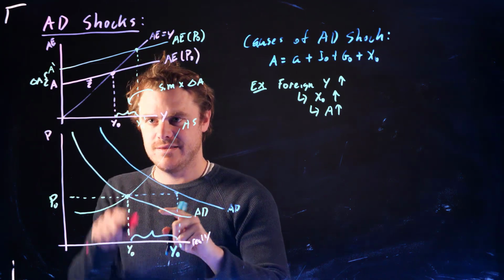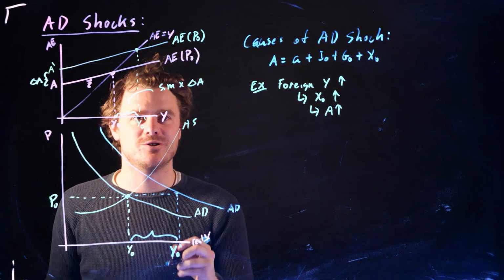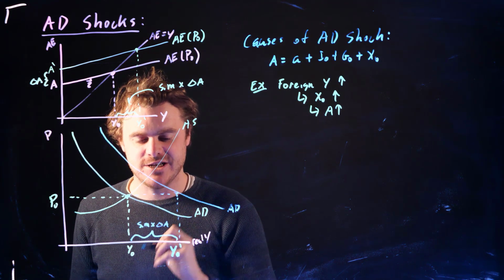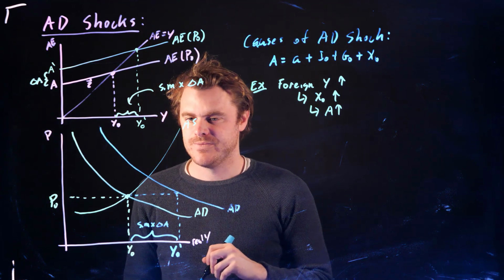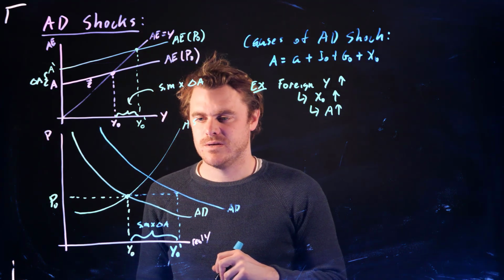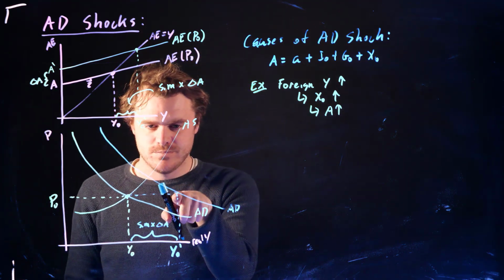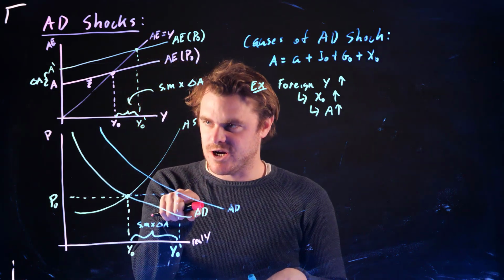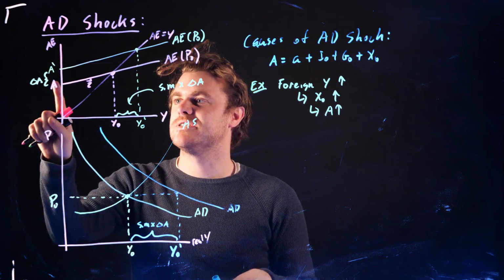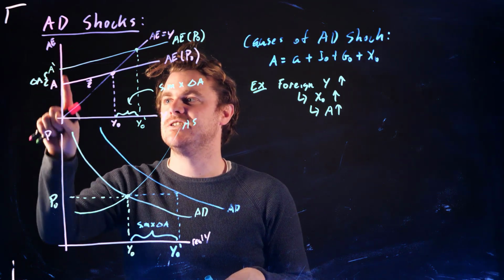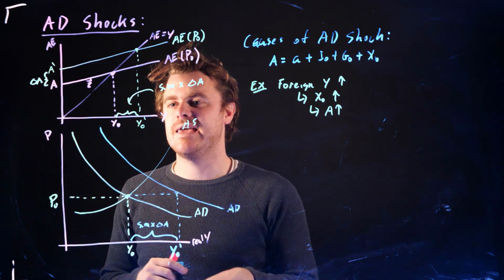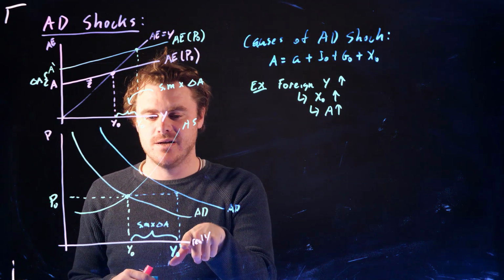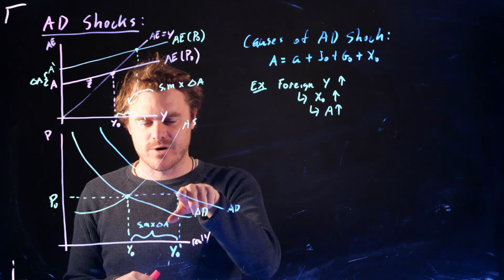Again, this is supposed to be the same, just how I drew them didn't work out, but this is the simple multiplier times that change in A. So that's this movement here. So that's the first thing that's going to happen. This AD curve shifts to the right, and that corresponds with this shift up of the AE curve and how Y goes up here.